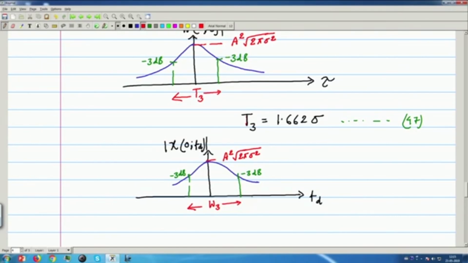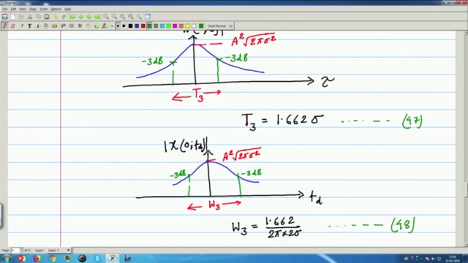So, that W3, if you calculate, it will come as 1.662 by 2 pi into 2 sigma. So, this is our equation number 48.